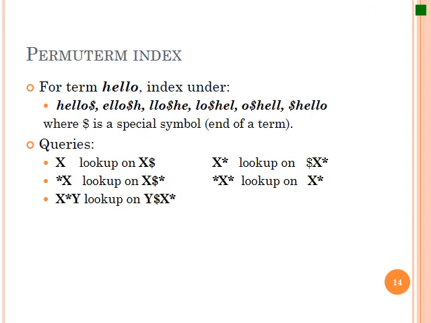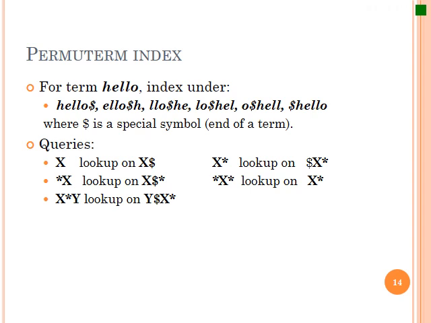Then you rotate the H to the back of the word, where you get ELLO$H, and you further rotate the E to the back, and there you get LLO$HE, and so on. You keep doing these things, and in the end you create many different indices for this term.